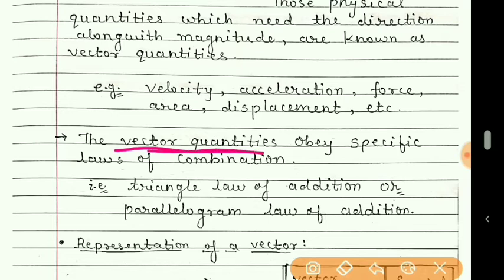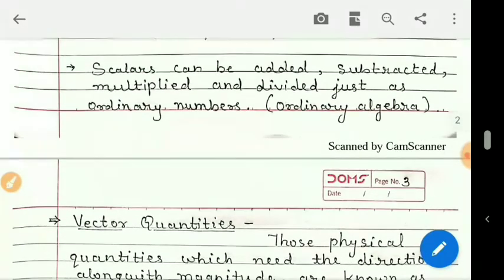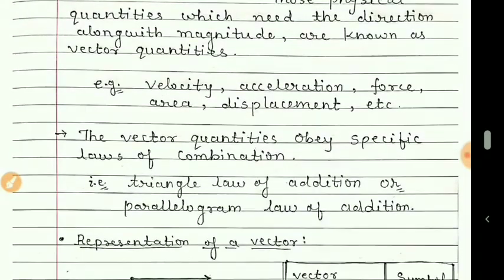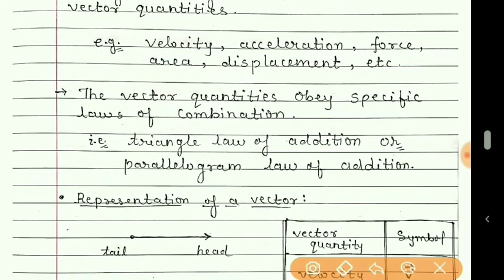Vector quantities obey a specific law of combination. As we have seen, in scalar quantities ordinary algebra is used, which we use daily in our day-to-day life, normal mathematics. But for vector addition or vector multiplication or vector division, the normal algebra is not useful. Here specific combinations or specific algebras are used.